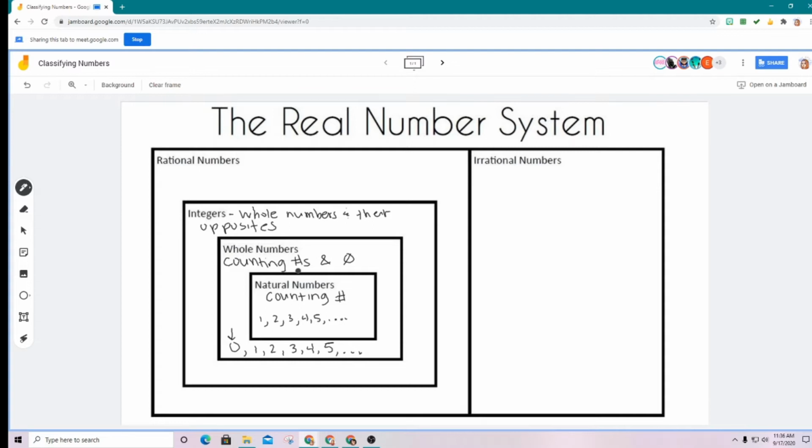It's going to include 0, but then it also includes the opposites. So if I were to think about what it means to be an opposite, what are the opposites of my whole numbers? Can anyone type in chat and tell me what are the opposites of my whole numbers?